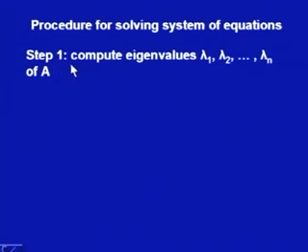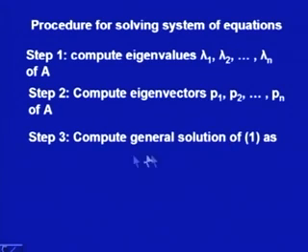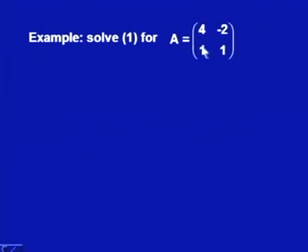According to this, step 1 is the computation of eigenvalues lambda 1, lambda 2, lambda n of the given matrix A. In step 2, we compute the eigenvectors P1, P2, Pn of A corresponding to the eigenvalues. Step 3 is to compute the general solution of (1) as x(t) equal to C1 P1 e^(lambda 1 t) plus C2 P2 e^(lambda 2 t), and lastly Cn Pn e^(lambda n t). We illustrate this procedure in this example.